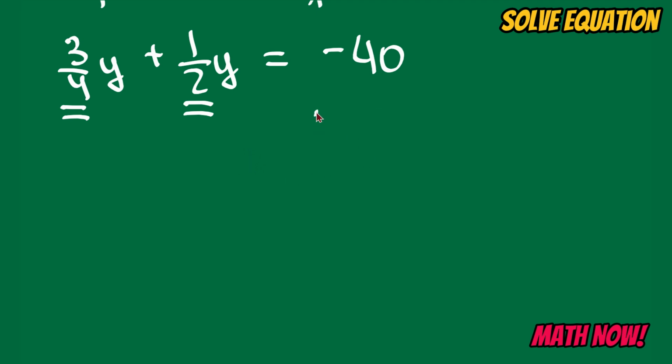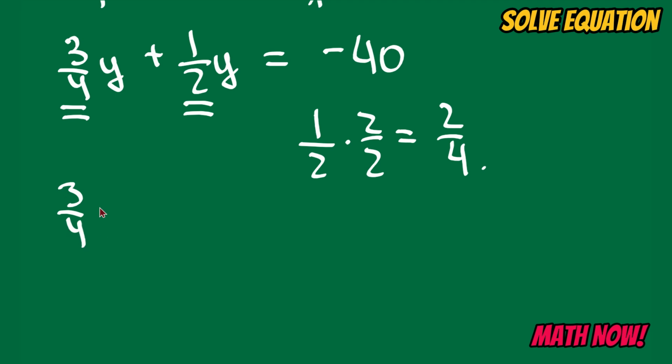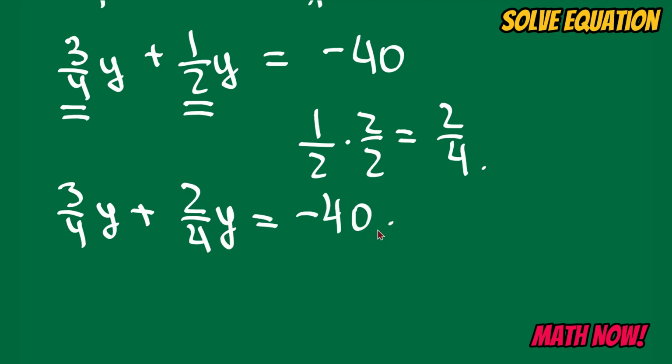So 1/2, okay, we can multiply by 2/2. It's going to be 2/4. So basically 1/2 is equal to 2/4. It's the same, right? So we can rewrite that as 3/4 y plus 2/4 y equal to minus 40.